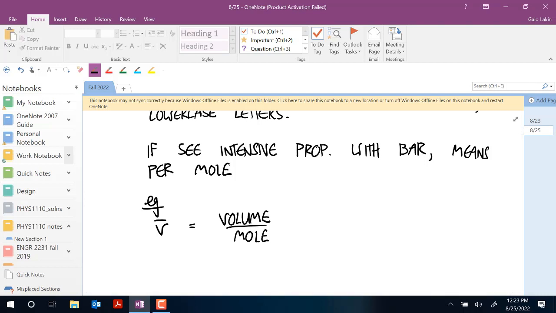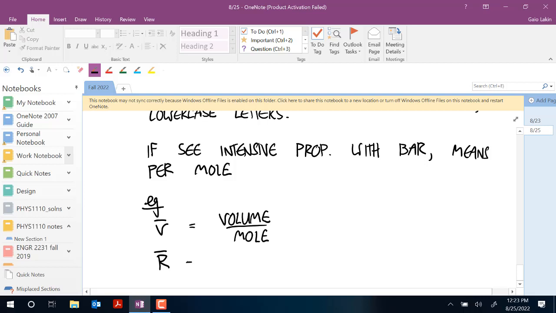In chemistry, I don't think you probably use the overbar for the universal gas constant, but here we're going to, because the gas constant without a bar is going to mean something else, and this is the one that's measured per mole.